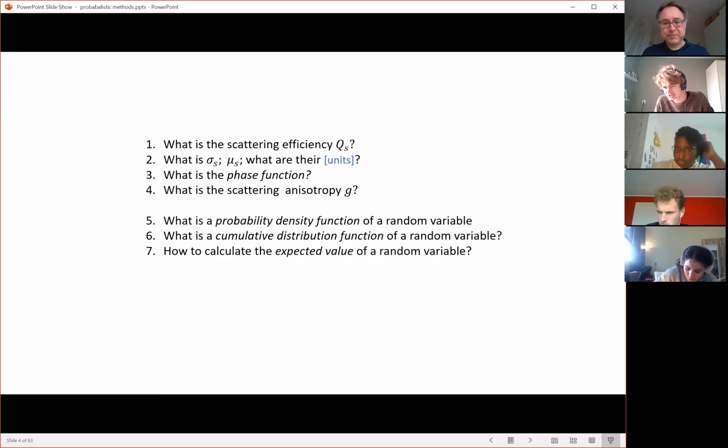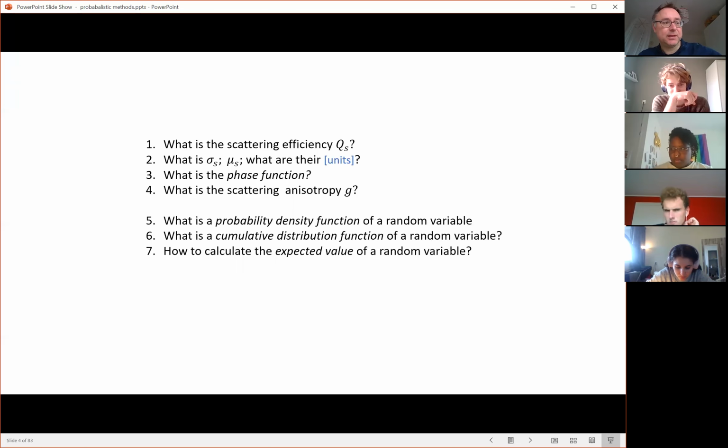Scattering efficiency is the ratio of scattered power relative to incident power. Exactly. And then the scattering cross-section first, and then scattering coefficient next. Someone else maybe? Yeah, so the cross-section is the scattering efficiency multiplied with the geometrical surface.